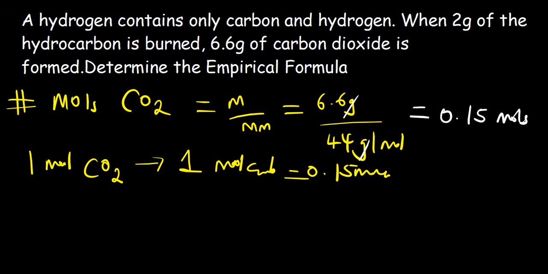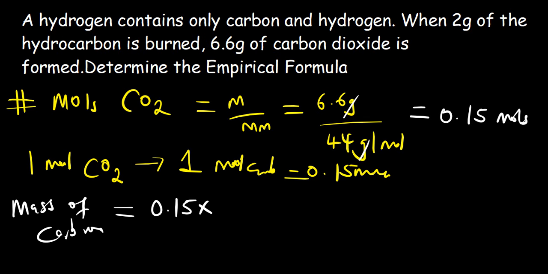Now we can find the mass of carbon, because we have the number of moles. How do we find the mass? You take the number of moles multiplied by the molar mass for carbon alone, which is 12 grams. So 0.15 moles multiplied by 12 grams gives me 1.8 grams of carbon.